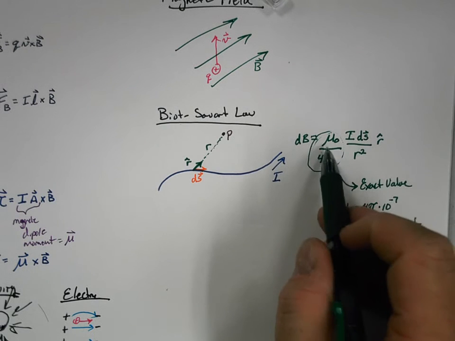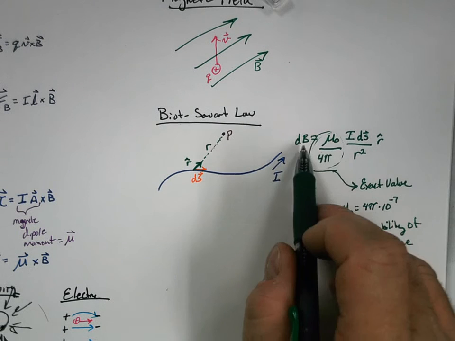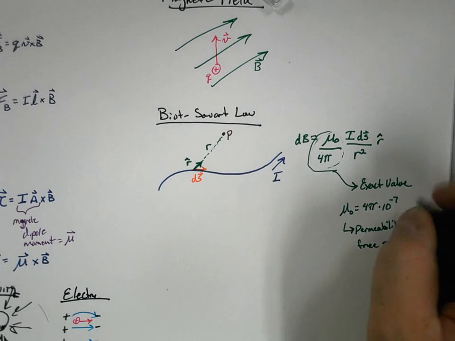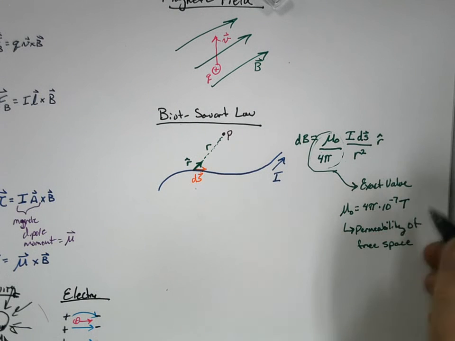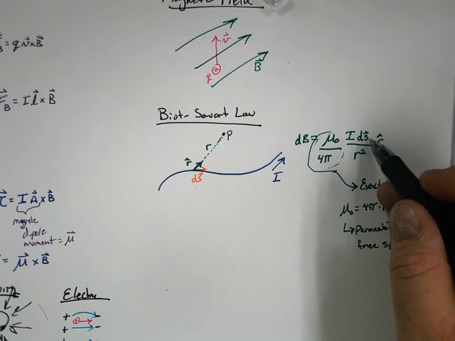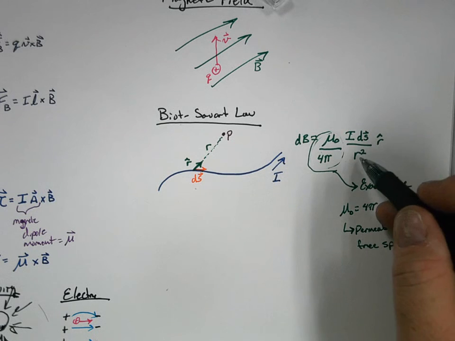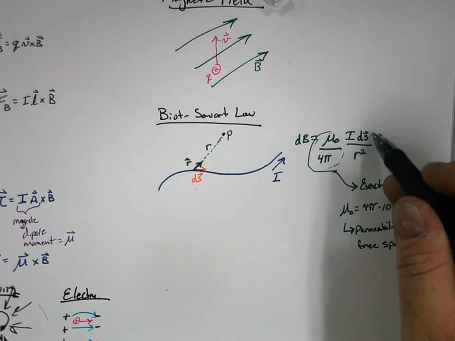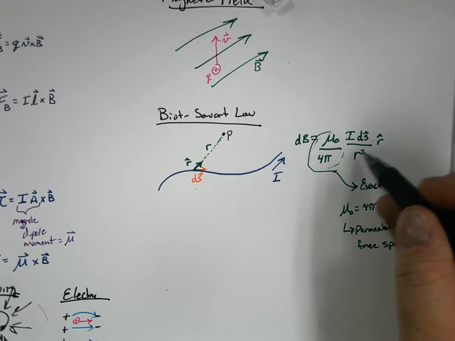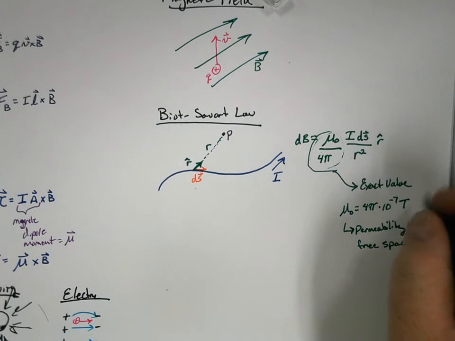This has to cancel with all of these to give us magnetic field. Magnetic field is in units of Tesla, so that's what we want to wind up with. But we want units that are going to cancel out with what we have here. Well, a ds is a distance, and we have an r here on the bottom, so meters divided by meters squared is going to give us a meter on the bottom, which means we want a meter on the top. So that's going to be times meters.